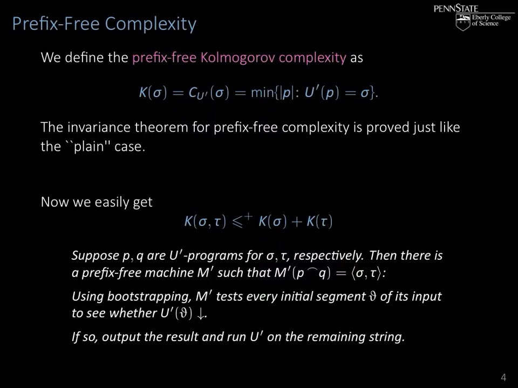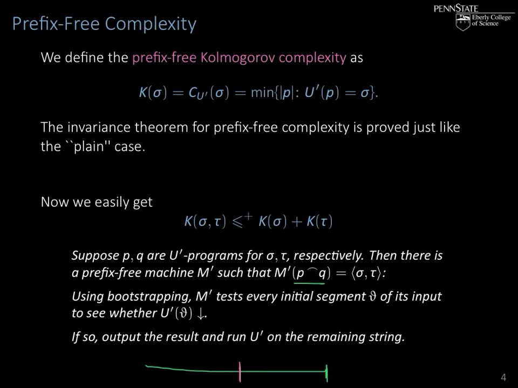Then we can construct a prefix-free machine M prime such that M prime on input the concatenation of the two outputs the pair. So how does this work? We get as input one string, and we assume that it is such a concatenation, and hence the machine tries to find the point where it has to split the input into this P and Q pair.